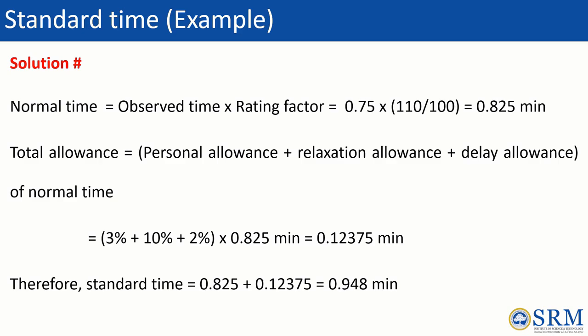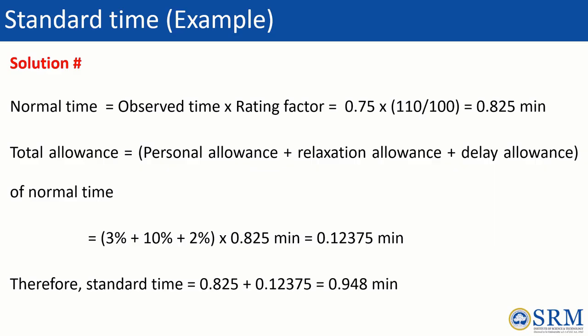Next, we combine our three allowances, which equals 15% in total, and apply them directly to our normal time. So 3 plus 10 plus 2, that is equal to 15% into 0.825 minutes will give you 0.12375 minutes.